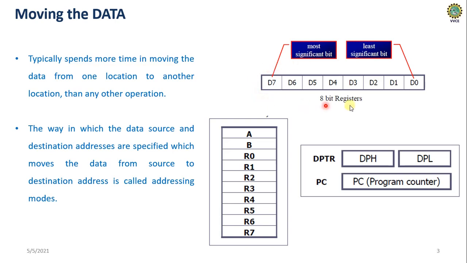Okay, so it always stores the data as an 8-bit value. If it is byte locations, the data will be stored as a complete 1 byte. If it is bit addressable locations, the data will be stored as bits like D0, D1, D2. That means each bit has got its own address.